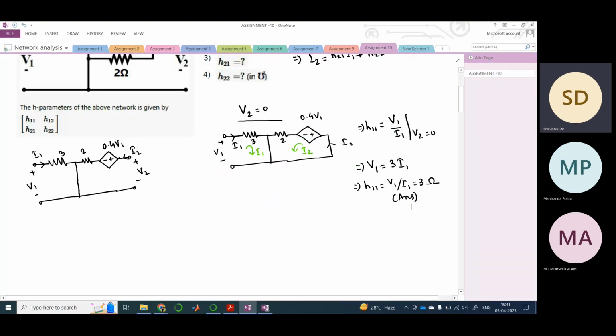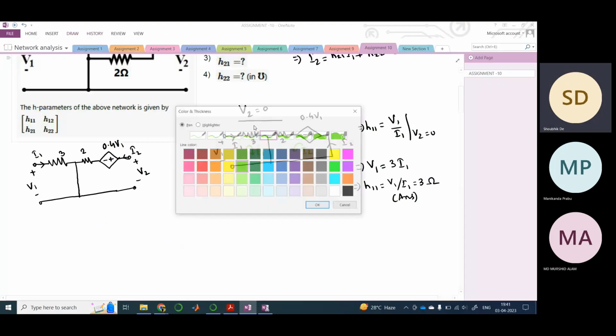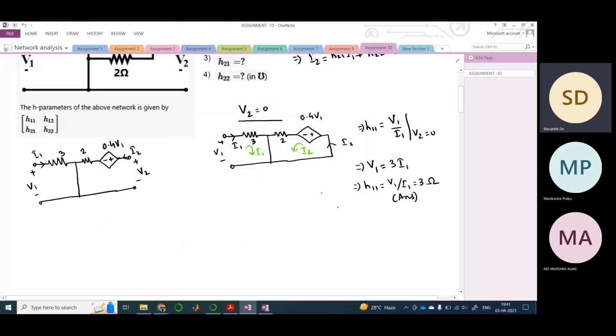Now let us also try to do this by using source transformation, right? So here, in this loop also, we will try to apply KVL. So what would be our KVL equation? It would be 0.4 V1 equals minus 2 I2. Why minus? Because the directions are opposite, right? If this would have been this, then this would have been plus. Simple.